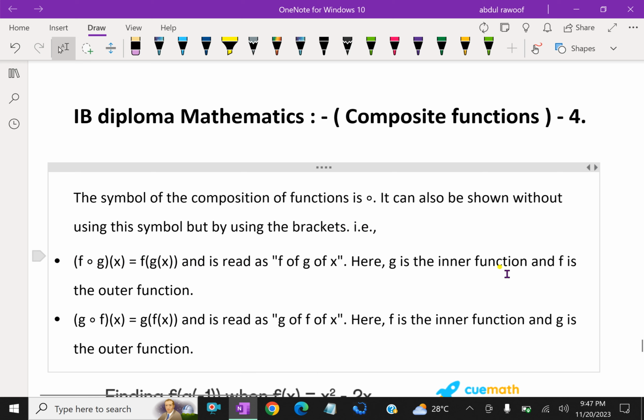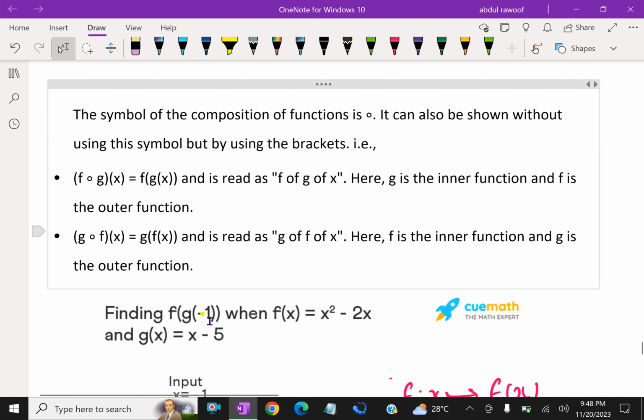Here g is the inner function, we have to do that first, then f is operated as the outer function. That is, g of f of x is read as g of f of x. Here f is the inner function and g is the outer function. We have to always operate the inner function first, then the outer function second.